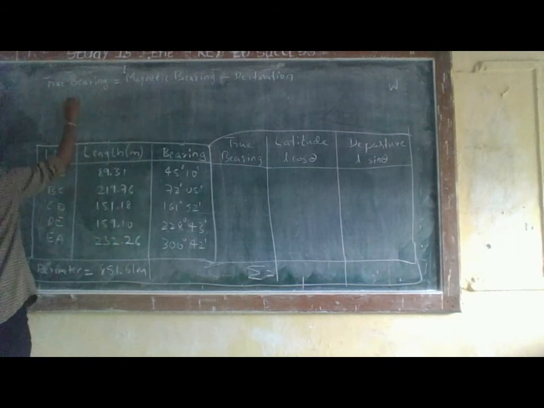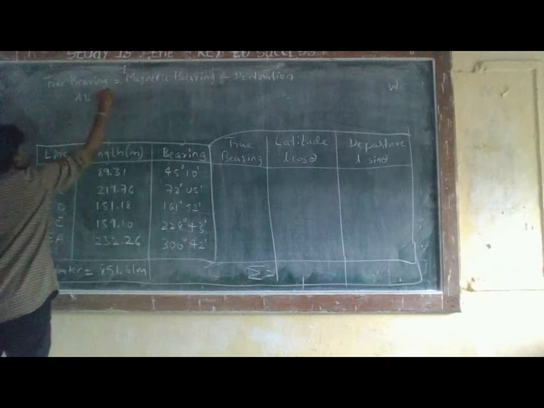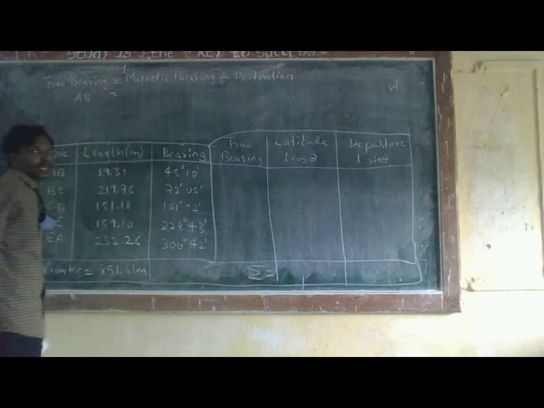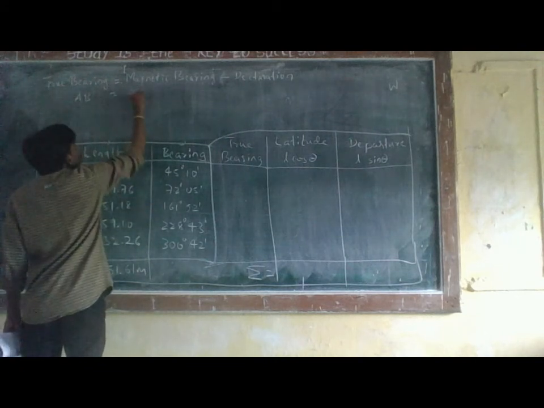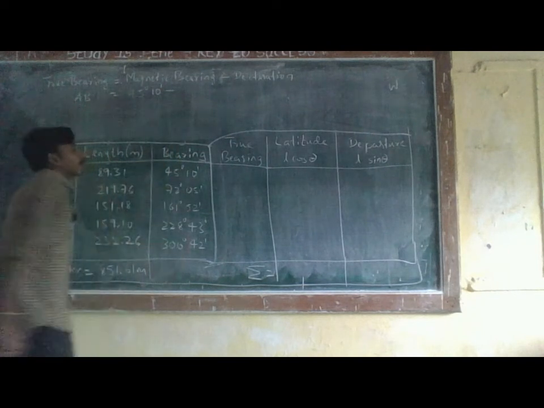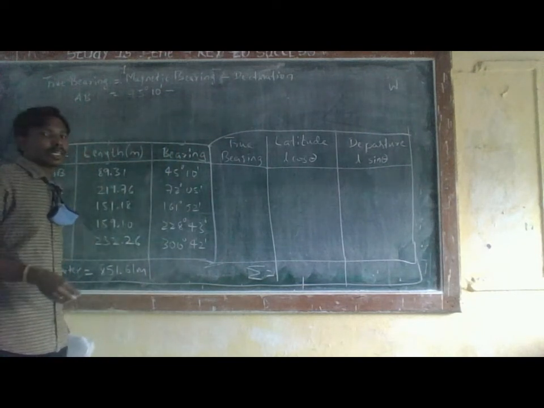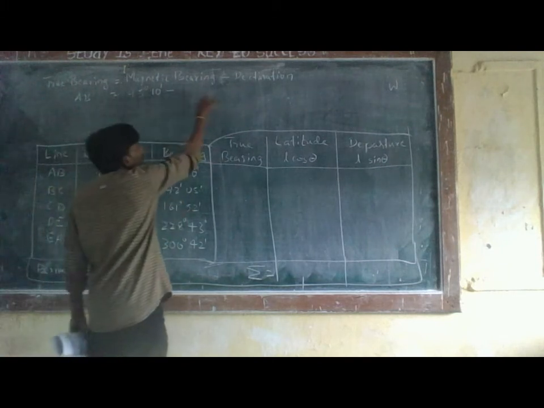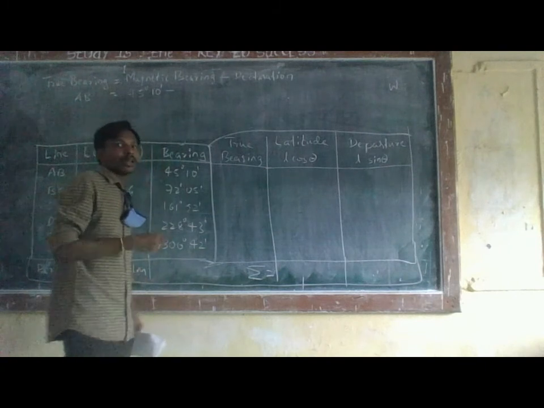So true bearing for AB is equal to the magnetic bearing of AB, which is 45 degrees 10 minutes, minus the declination, which is 5 degrees 30 minutes. Minus is taken because it is given in the west direction.